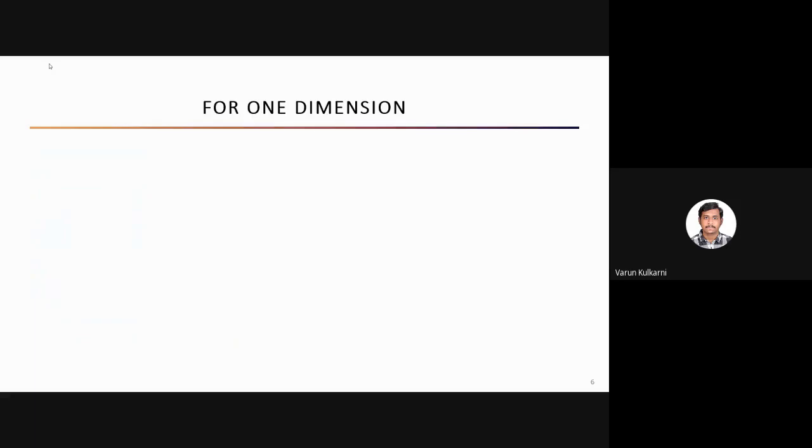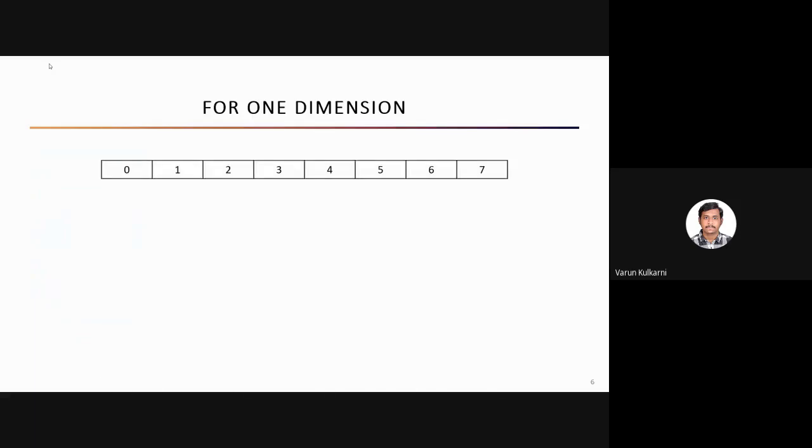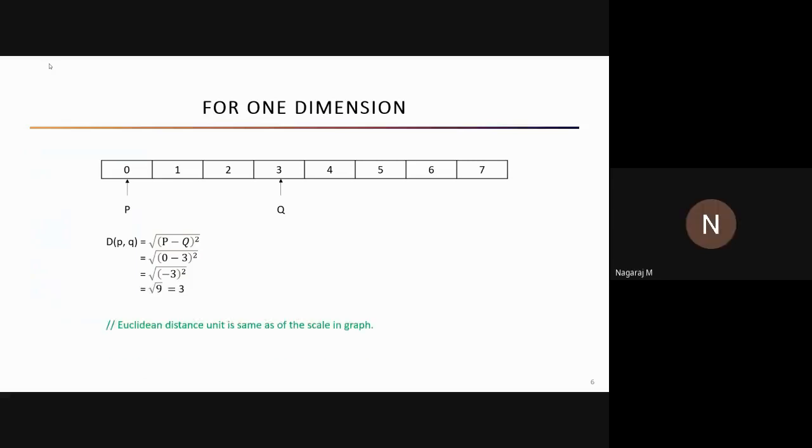So I'll give an example for one dimension calculation. Considering this, we have a matrix of 1 cross 8, and if p is 0 and q is 3, then the formula we use is p minus q whole square, that is 0 minus 3 whole square, we get minus 3 whole square, and we know that it is 3. Varun, what are these?